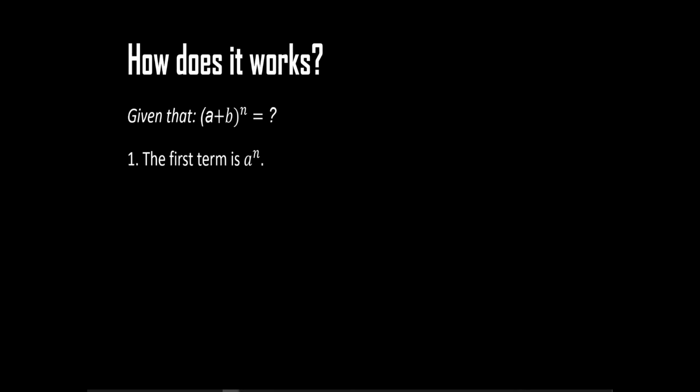So the first step is that the first term is a raised to n, and the second term is the power times the first term, which is raised to n minus 1, times the second term.